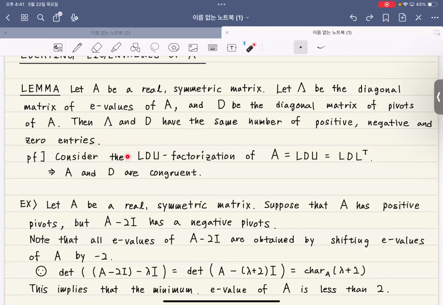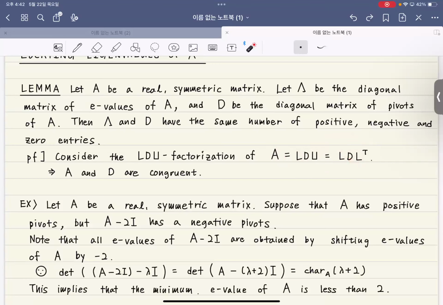Why is that? Let me take a look. This matrix D is obtained by the LDU factorization of the matrix A, because D is the diagonal matrix of pivots of A. However, since A is a symmetric matrix, the LDU factorization is in fact the LD L transpose factorization. Therefore, the matrices A and D are congruent to each other.